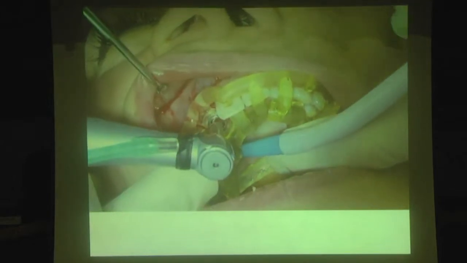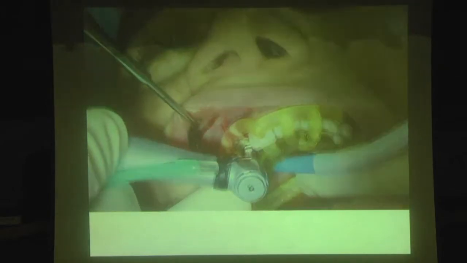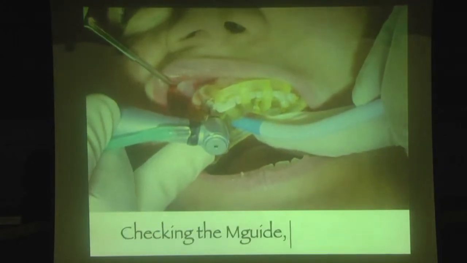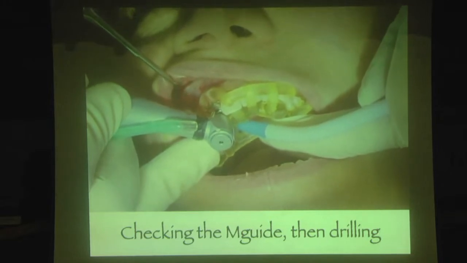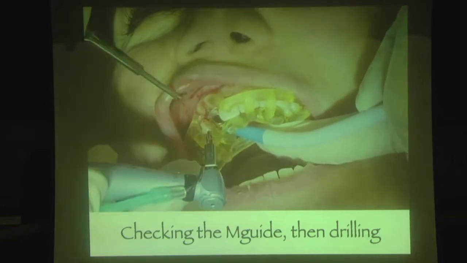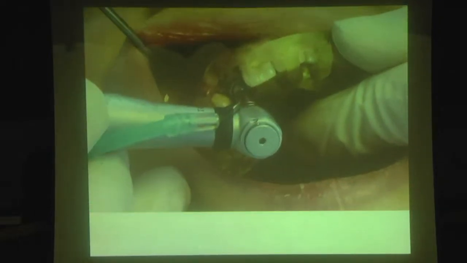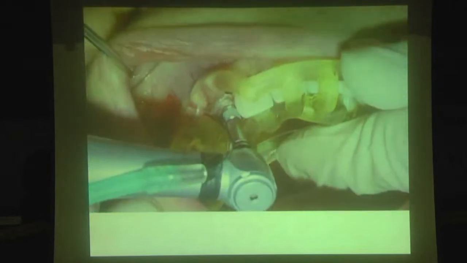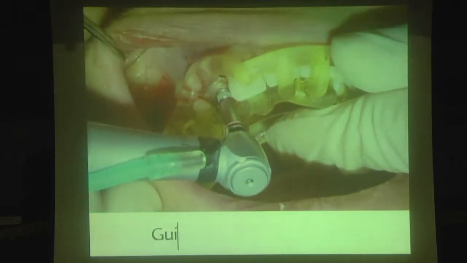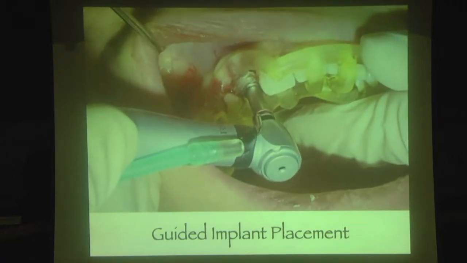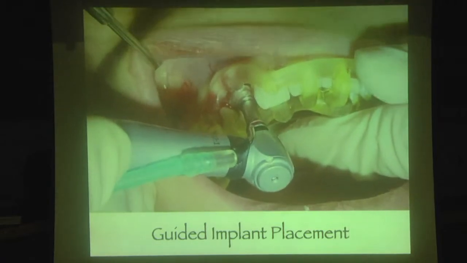We placed and stabilized the guide and then made the osteotomy starting from the first drill of 6 millimeters and the others 10 millimeters, 11.5. First we have to check the guide, then we have to make drilling. And once we place the implant, go and stop. And the last two or three circles, screws. Okay.